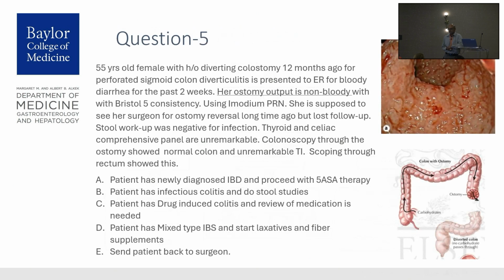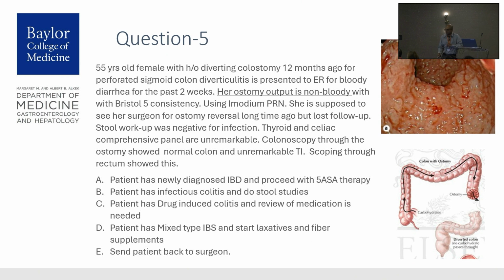Okay, next question. A patient had a diverting colostomy one year ago for a perforated sigmoid colon. Now comes with bloody diarrhea from the rectum, not from the ostomy. The ostomy looks clean. What is this condition? Anybody knows? So you're doing a colonoscopy through the rectum.